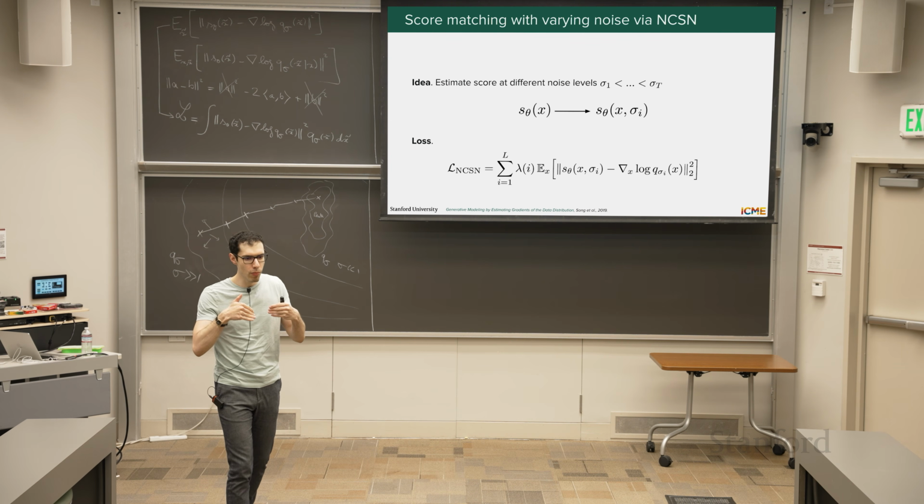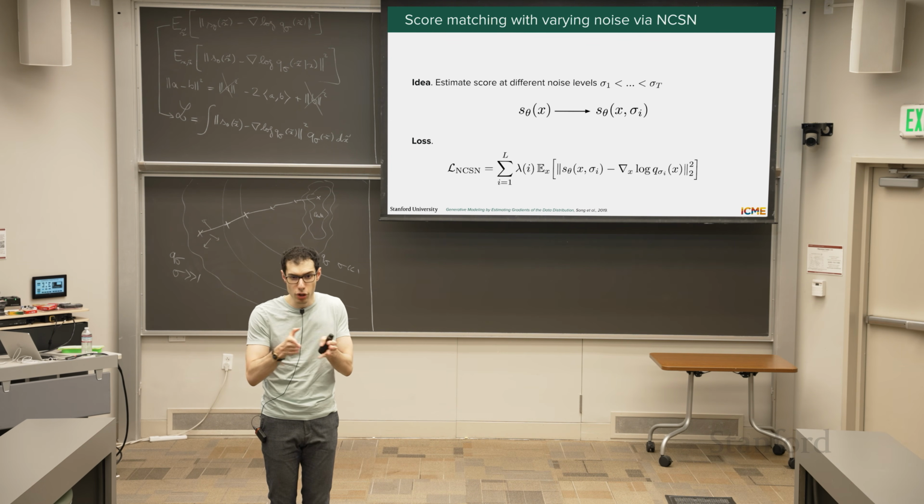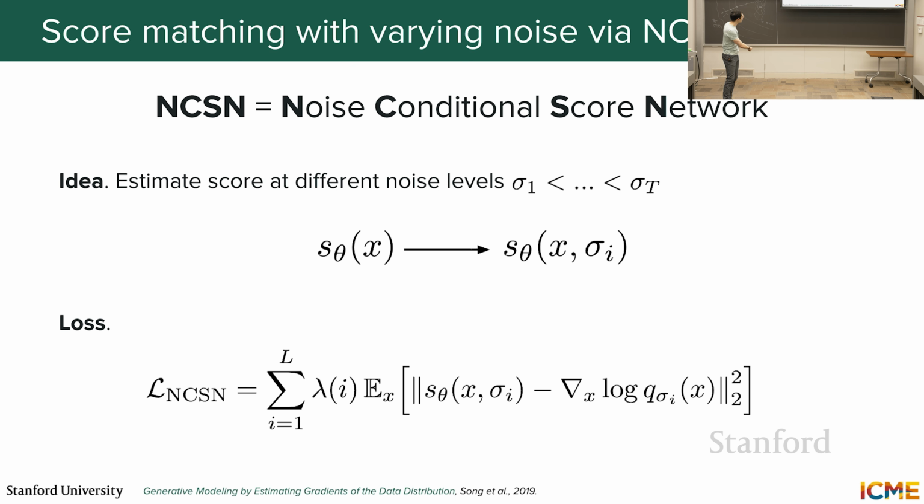And then the more you get closer, you care more and more about the little details. And this method is something that you will recognize with the following name: NCSN, Noise Conditional Score Network. So it's this framework of learning scores of different noise levels.